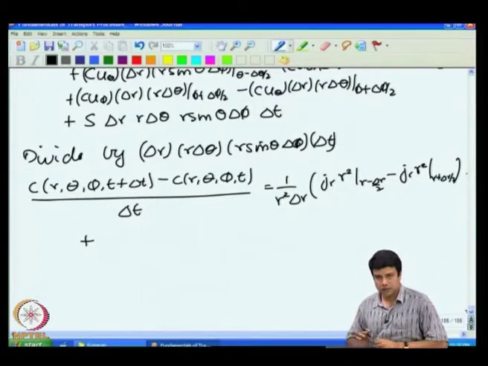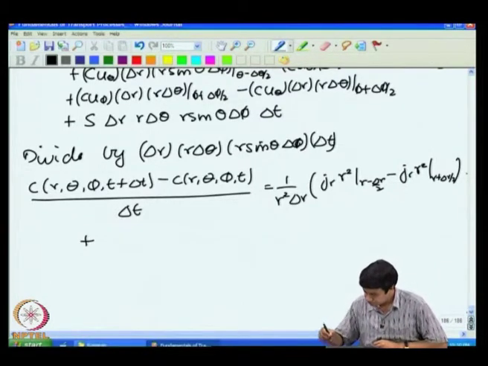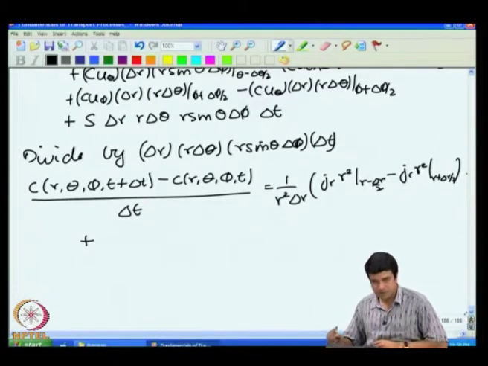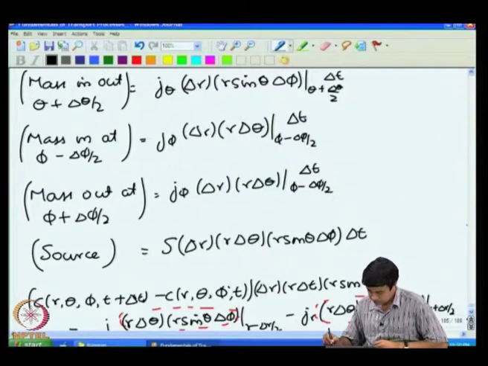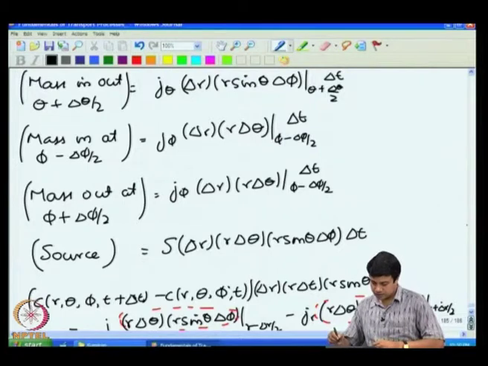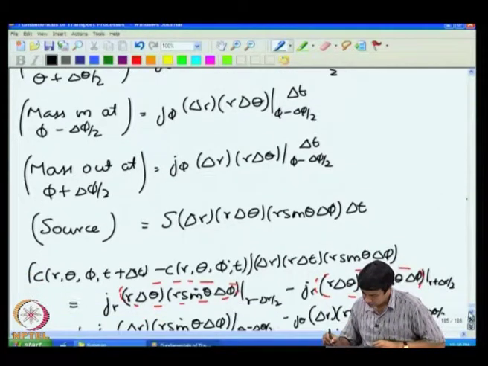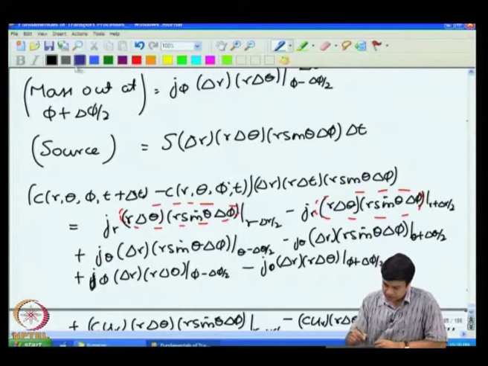the surface area in the theta direction goes as delta r times r sin theta delta phi. So, the surface area in the theta direction is going as delta r times r sin theta delta phi.